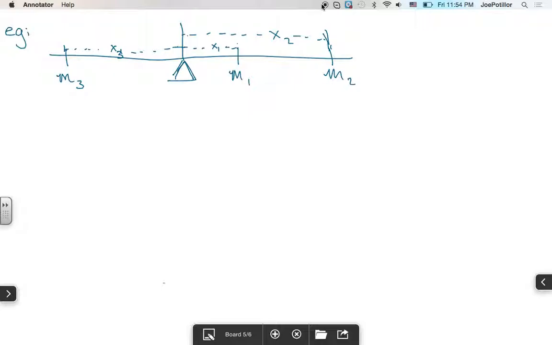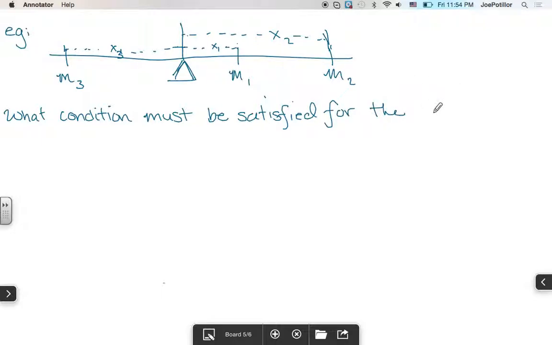So the question they ask us is, what condition must be satisfied in order for the system to be in equilibrium?